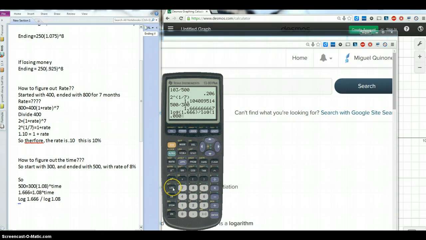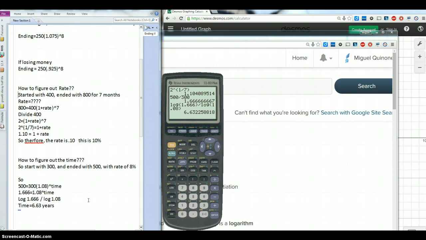And then close the parentheses, and that would give you 6.63. So time is 6.63. And this is when, I don't know, months, years, I don't know if it's years or months, you gotta figure out, we just made up that problem.